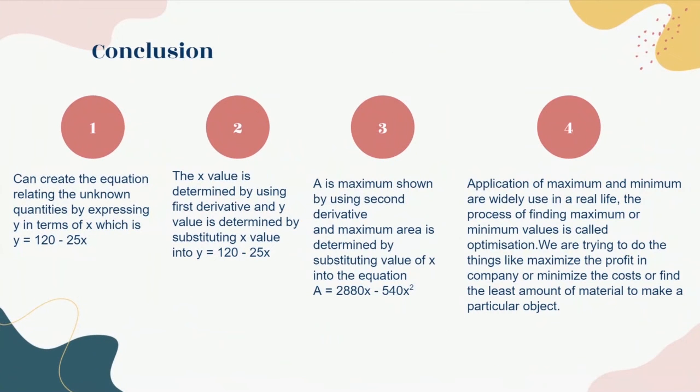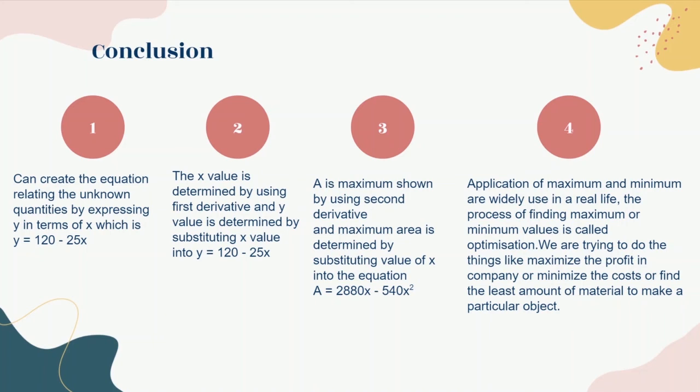At the end of this video, we can make some conclusions. The first one, we can create the equation relating the unknown quantities by expressing y in terms of x, which is y equal to 120 minus 25x. Second, the x value is determined by using the first derivative and the y value is determined by substituting the x value into y equal to 120 minus 25x.